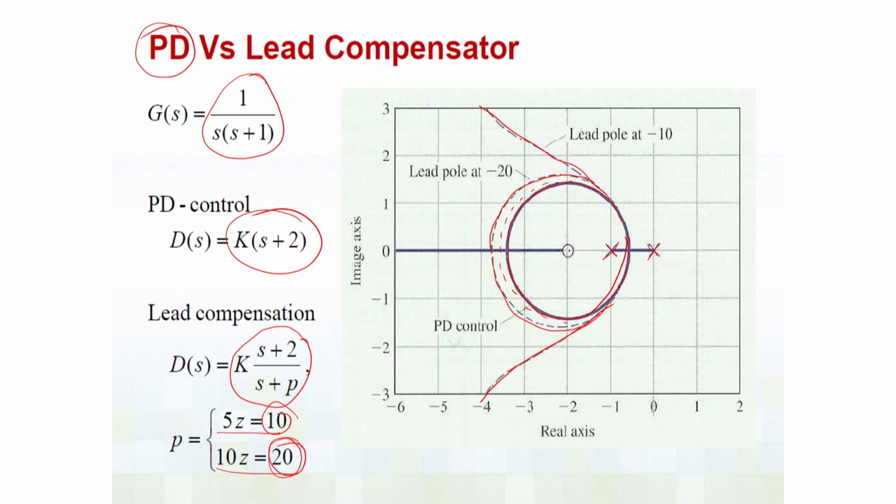So, this circle of PD is the limiting circle, and this is what a lead compensator at an extreme case is going to approach. So, PD and lead compensator are basically very much similar, and you may say that a proportional and derivative controller is a special case of lead compensator.